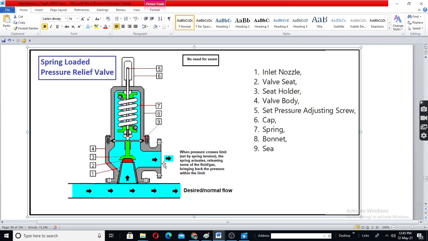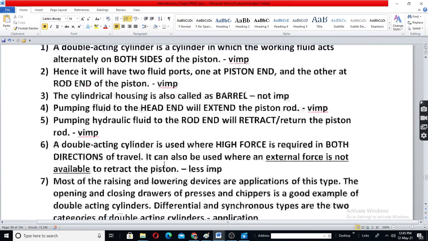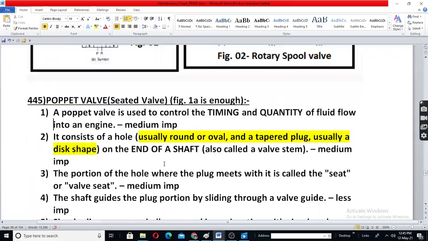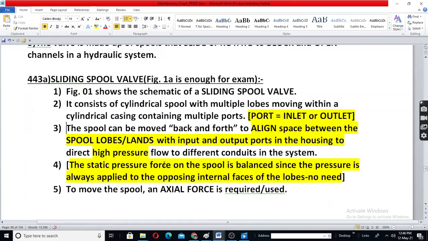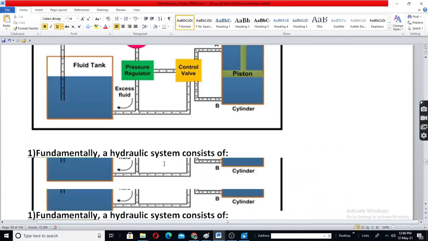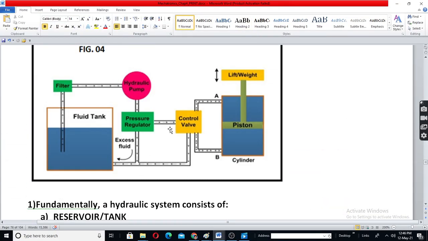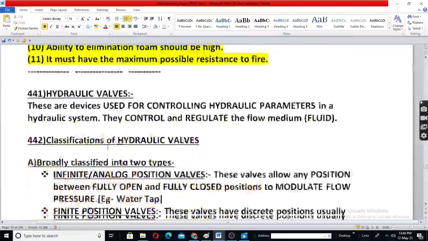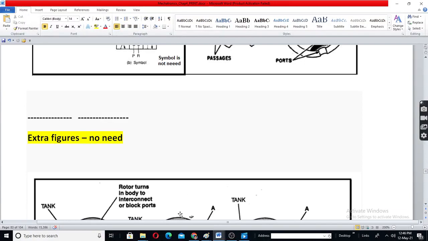The same thing as in the block diagram of the hydraulic system, you had a valve here. Pressure regulator is there. It will regulate. Whenever the pressure is more than the set value by that spring, excess fluid will go back to the fluid tank. So that is what is shown here.